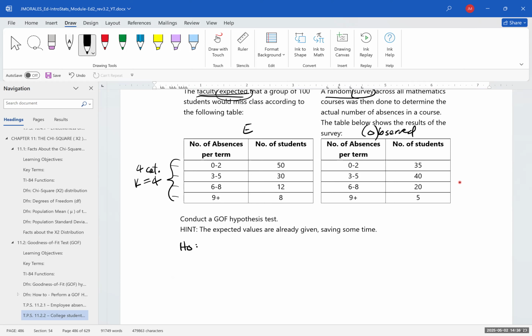So the null hypothesis is that our observed student absenteeism matches faculty perception.